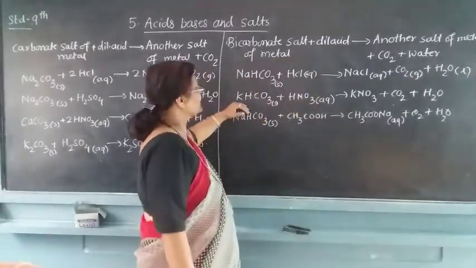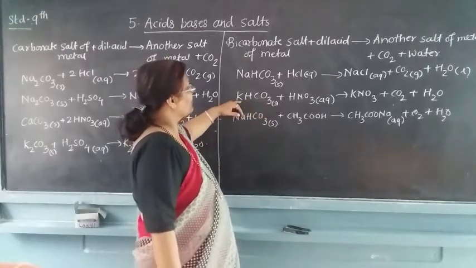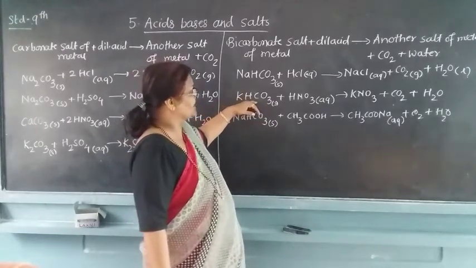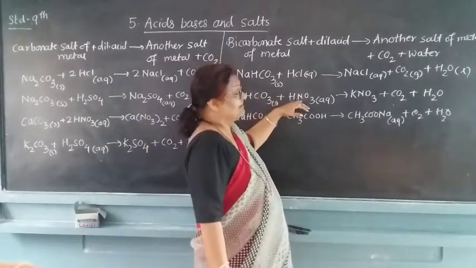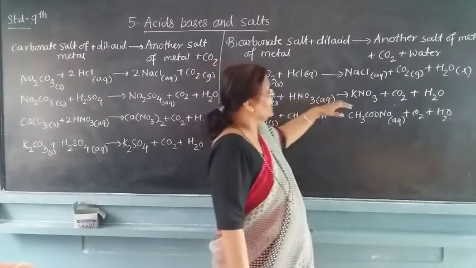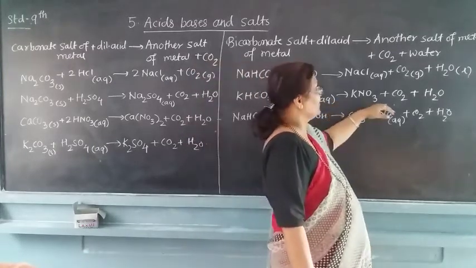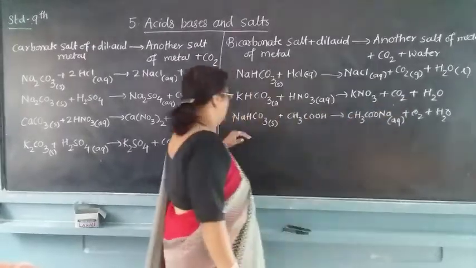Next, KHCO3, potassium bicarbonate salt, reacts with nitric acid, HNO3, to give potassium nitrate plus CO2 plus H2O.